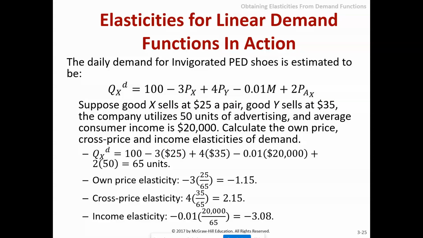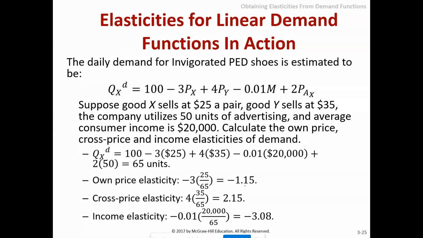Price of X 25, price of Y 35, income 20,000, and units of advertisement 50. We calculate the quantity demanded for X is 65.